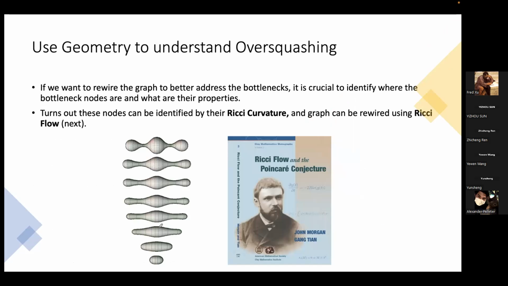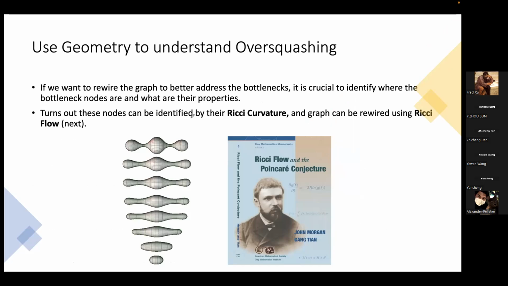The last topic I want to talk about is again from a geometric perspective. And this one is directly addressing the overstretching phenomenon that we talked about. Remember that all we want to do so far is modify the graph structure to address this problem.